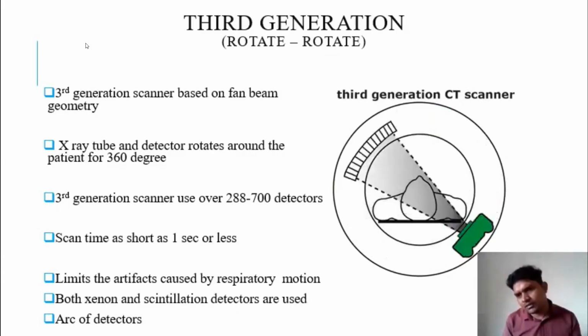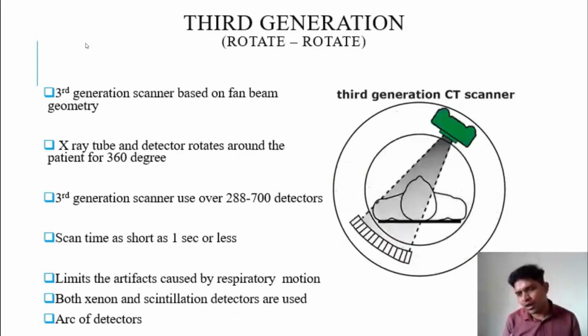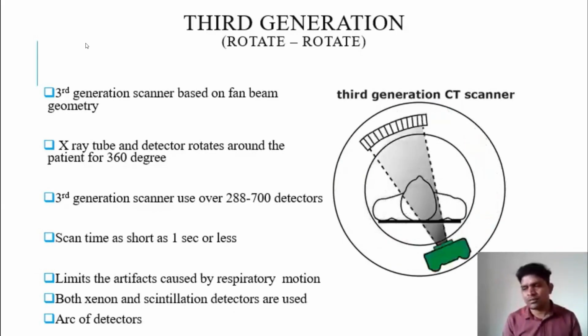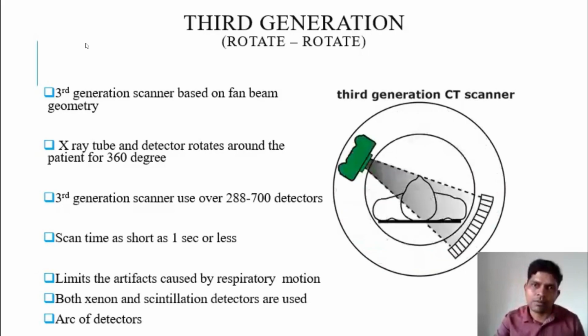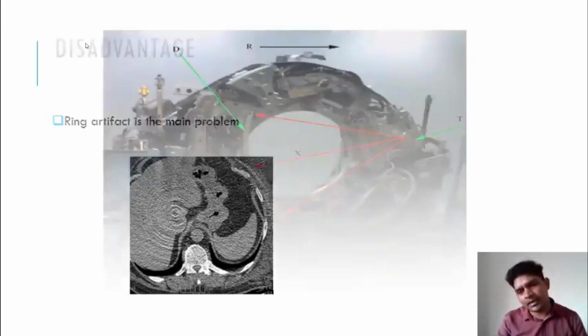Later xenon and scintillation detectors were also used, with an arc of detectors. That took place in the third generation. What are the disadvantages? Only the ring artifact. Even nowadays we still get a ring artifact, but it's not a big issue, as there are many ways we can correct it now.